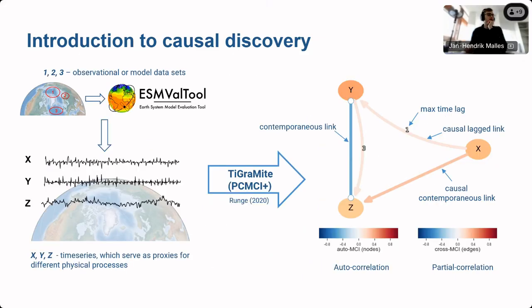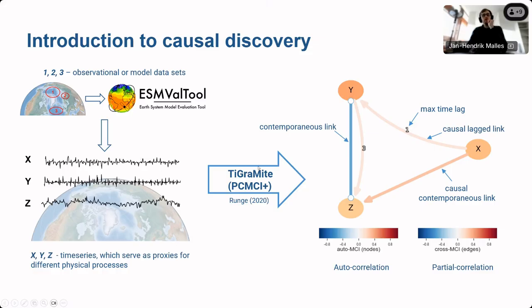Yes, and there are several methods to create causal graphs from a system of time series in this case. The one that we use is the Tigramite package, and specifically the algorithm PCMCI+.